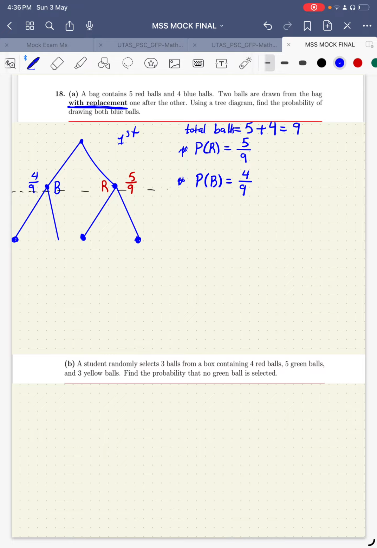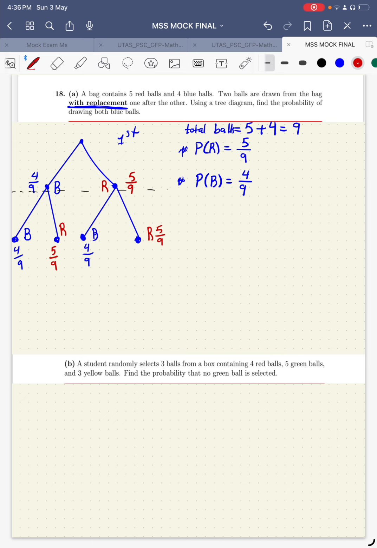So I can have red and also I can have blue. What is the probability of red? Remember, because we said with replacement, the numbers don't decrease. So it will be 5 over 9, the probabilities don't change. And here I'm going to have 4 over 9, also here 4 over 9, and here 5 over 9.